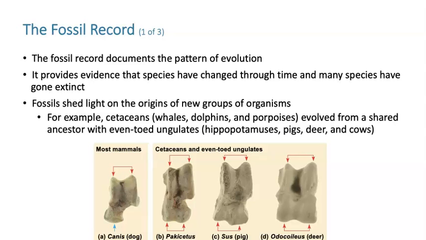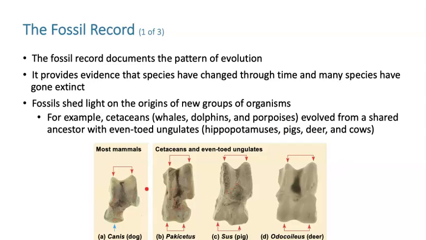Now, even-toed ungulates is a group of organisms, you probably have never heard this term before, that include the hippopotamuses, pigs, deer, and cows. So if you look at most mammals, most mammals have two bones right here, and they only have one right here. And this is again on their limb bones.